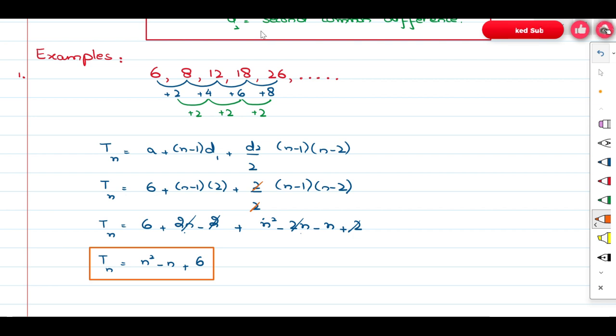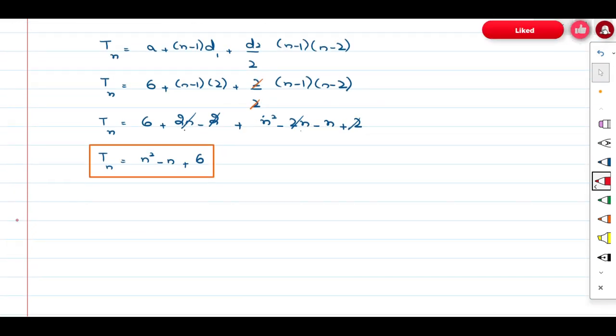Let's do some more examples. For the second one, let us assume I have the sequence 5, 11, 19, 29, and so on. Now let me solve for the nth term formula for this quadratic sequence. First we need to figure out the first difference and then the second difference.